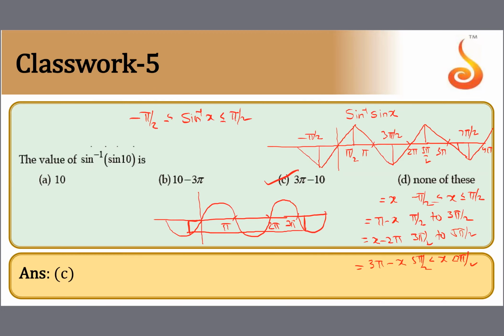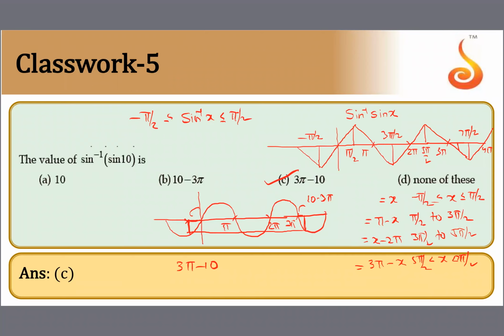So this width is 10 minus 3 pi. Same width it is, but negative. Therefore, we write 3 pi minus 10. Anyway, you can understand. Okay. So x, pi minus x, x minus 2 pi, 3 pi minus x, and so on.